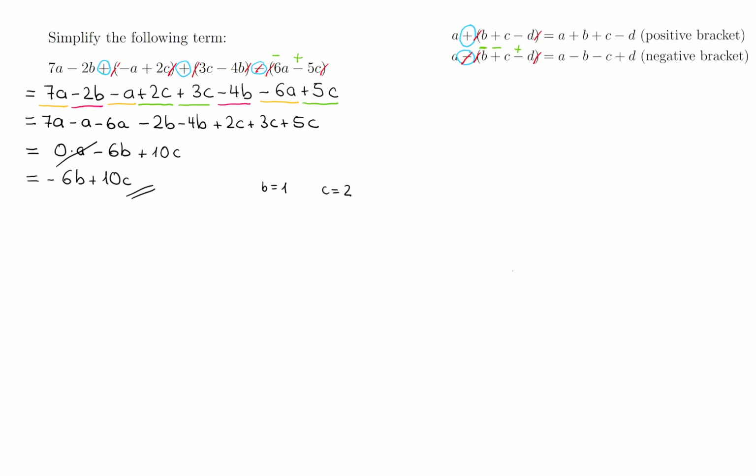Then we could continue with minus 6b, so times 1, plus 10 times c, so 2, which would be minus 6 plus 20, which would be 14. And then we would have one number as a result, but as we do not have this information, this is the farthest we could go, and this is our final expression.